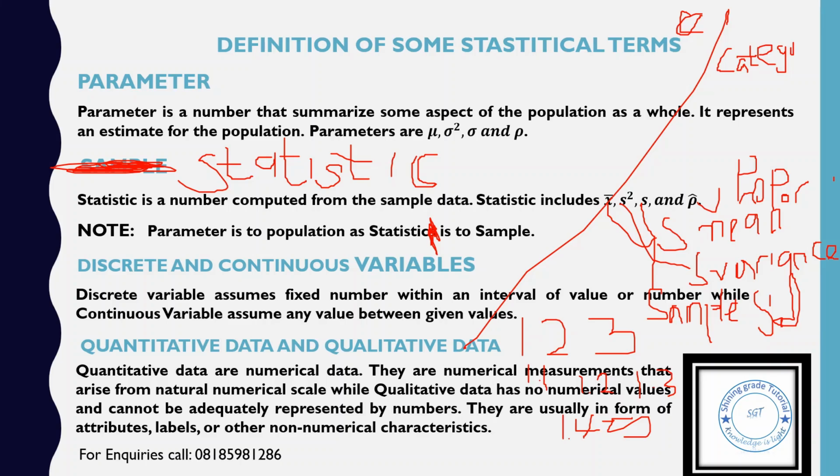So we call them categorical data. So they are called categorical data. So then you understand this aspect.